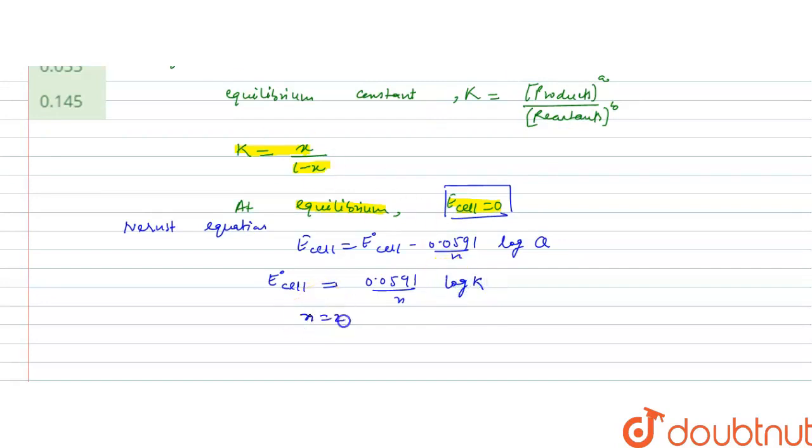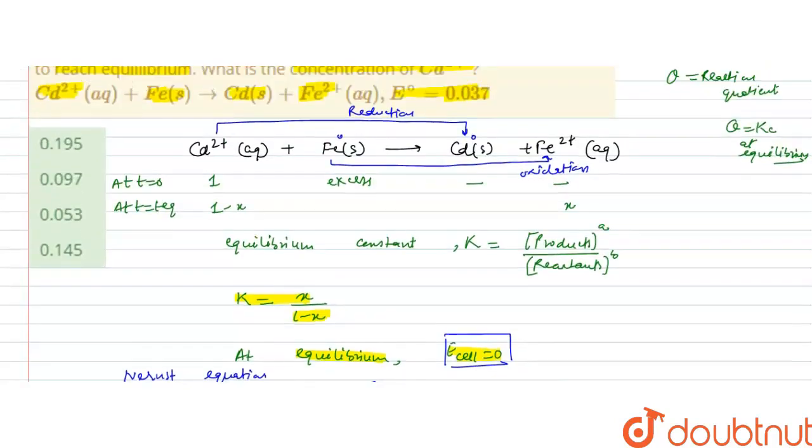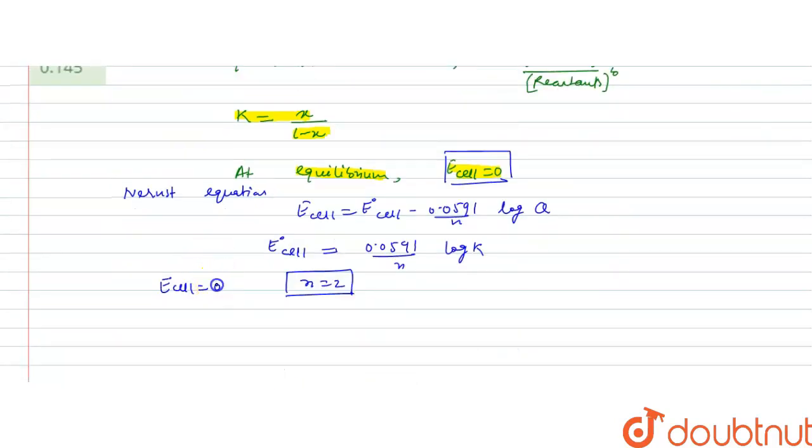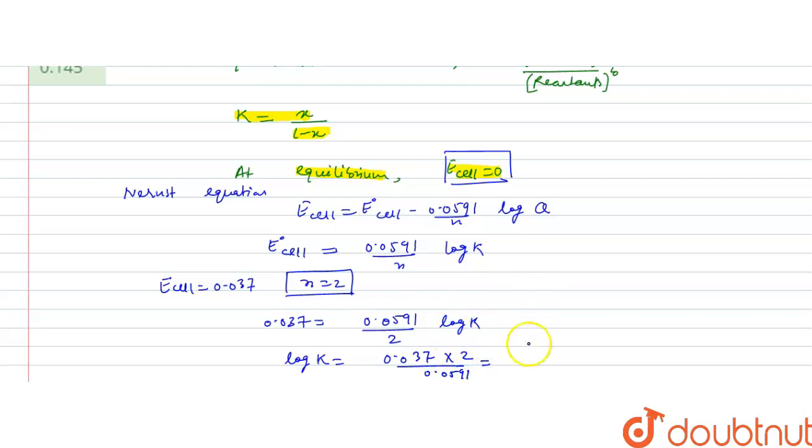E naught of the cell is given as 0.037. So if we put in the values, 0.037 equals 0.0591 divided by 2 log K. It means log K is equal to 0.037 into 2 divided by 0.0591, and this value comes out to be 1.25.